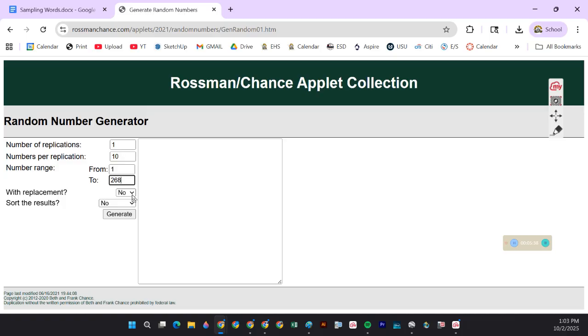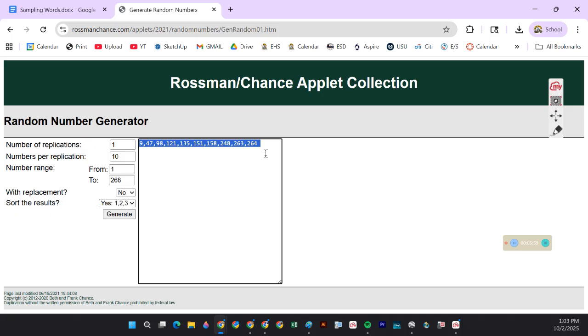Even if you get the same person twice, it's not going to mess things up too badly. So you can choose yes or no. I'm going to say no. And I'm going to sort the results ascending, just because it'll be easier to find the words that way. So I generate that. Here are 10 random words from the Gettysburg Address.